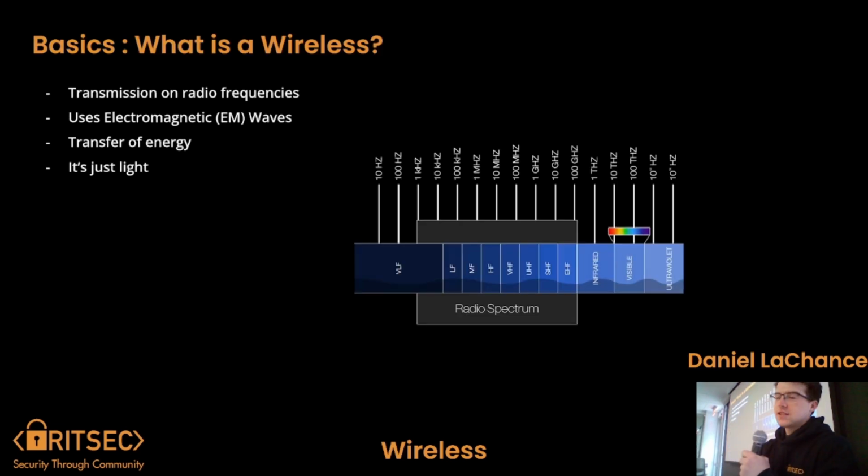So let's get started. What is wireless? Wireless is just light. It's just lower frequency light, and it transmits on those specific radio frequencies. As you can see, the visible light spectrum is all the way down on this end, so almost ultraviolet light. I'm sure you've heard that all the time.